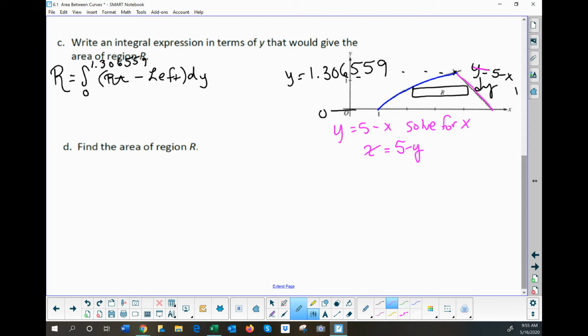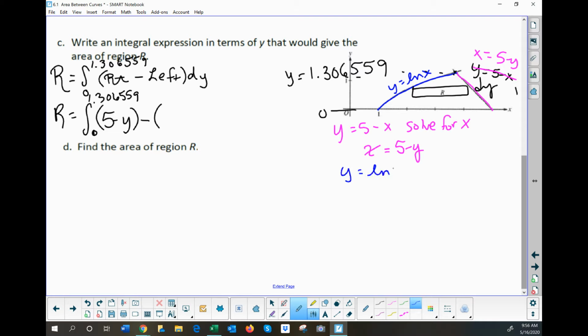Let's scratch that out. Let's rewrite this, because that's the one we want to use. All right, so R is going to equal the integral from 0 to 1.306559 of left or right function, 5 minus y, subtract left function. This was natural log x, if I remember correctly. So I have y equals natural log x.